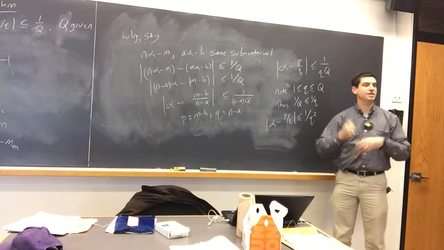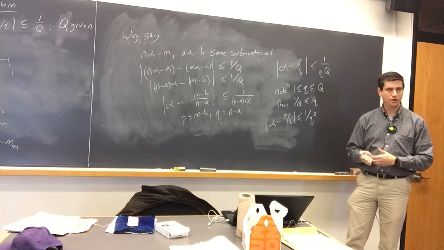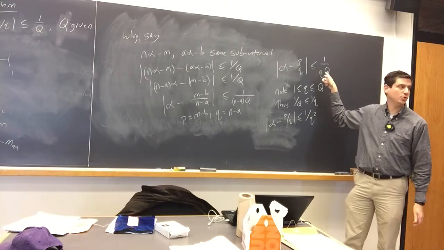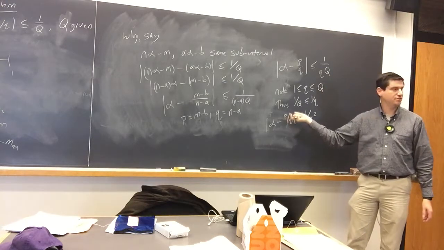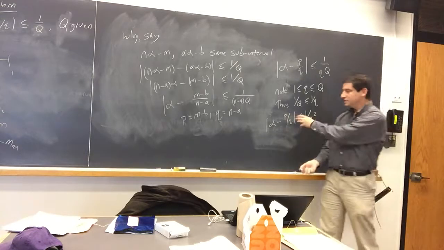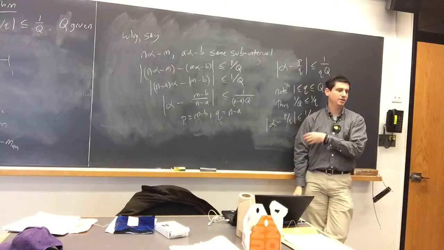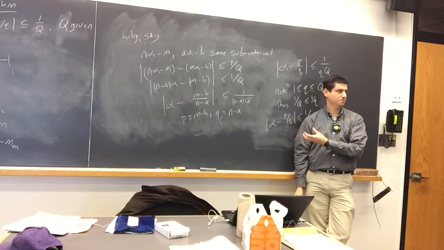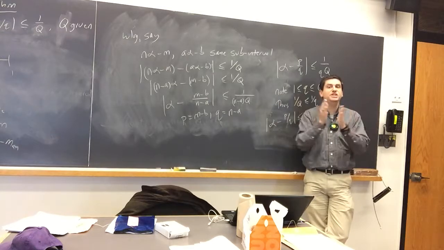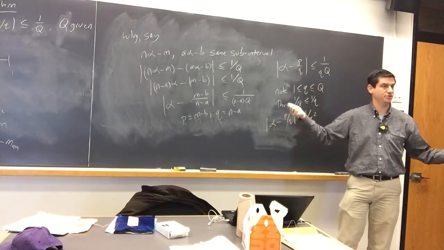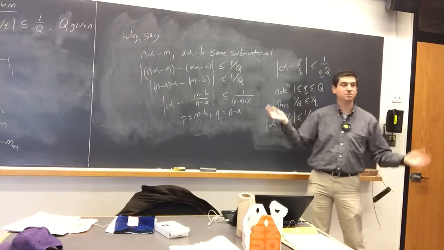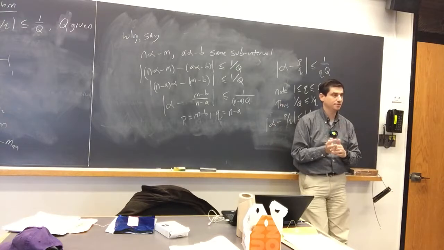Now I said that we can do this infinitely often. What we do is we just let big Q go to infinity. If big Q goes to infinity, we can't use the same fraction again. Because let's say we have the fraction 22/7. There's going to be a certain difference between 22/7 and pi. If I make big Q sufficiently large, I know this difference has to be less than 1 over that.